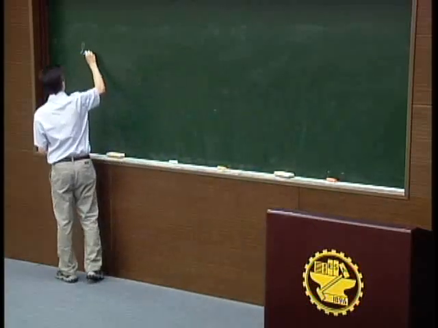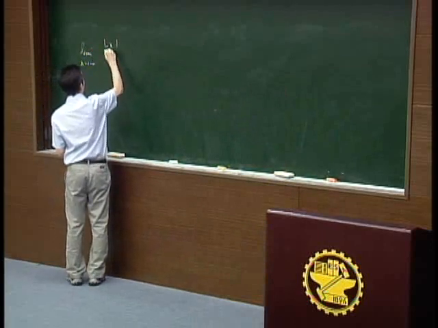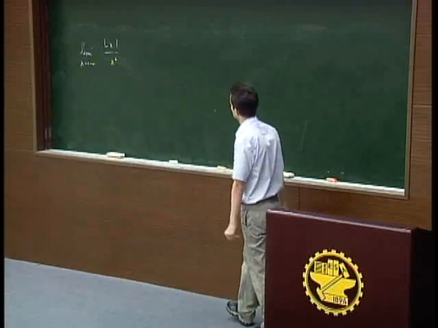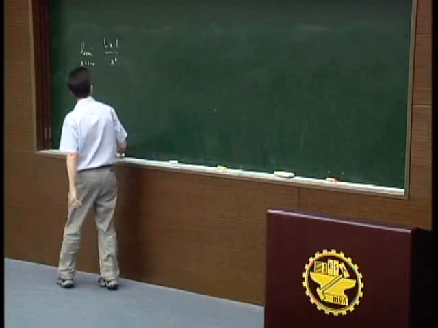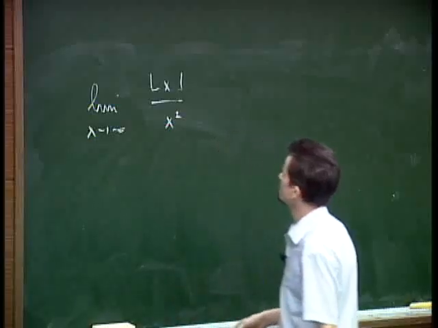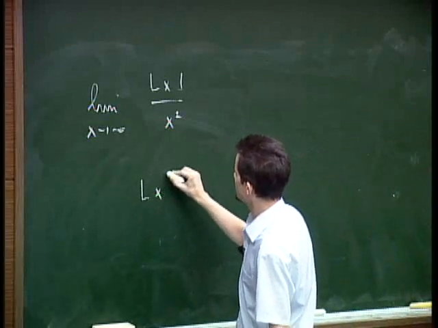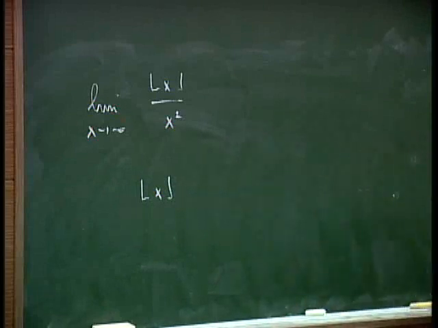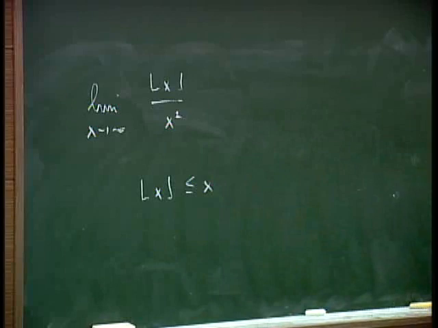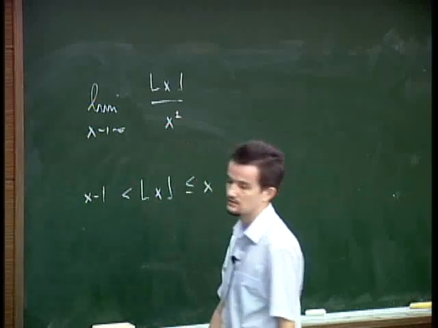So if you are asked to find the limit as x tends to infinity of, let's say, the floor of x over x squared, you know that the floor of x is smaller or equal than x. That's the definition. And it's larger than x minus 1.